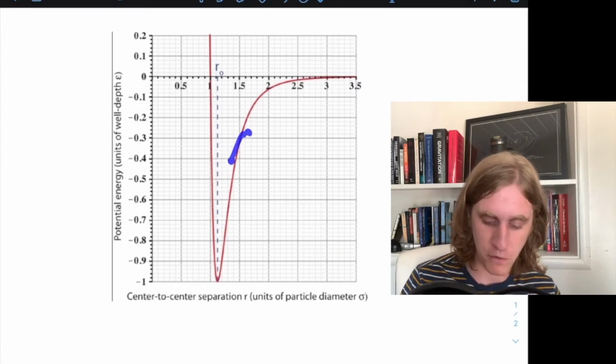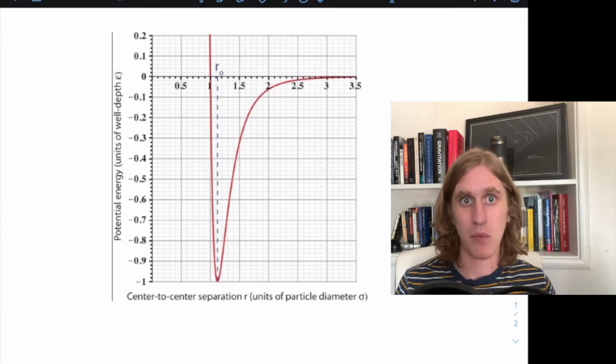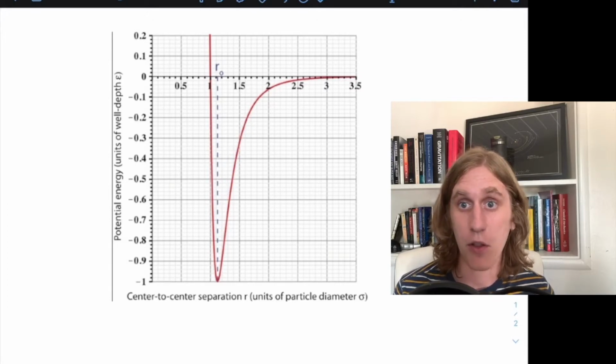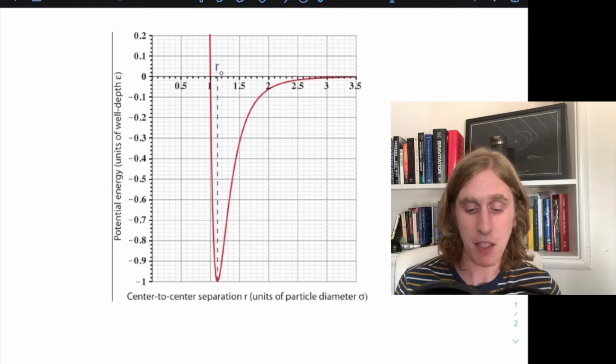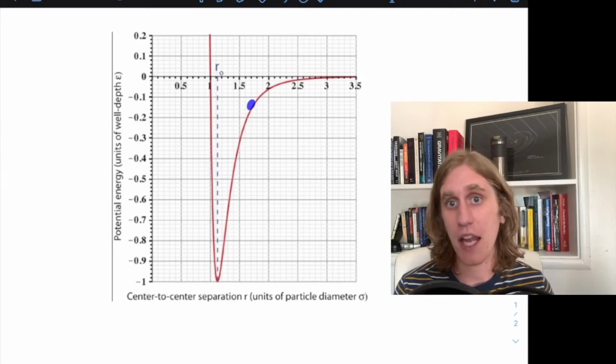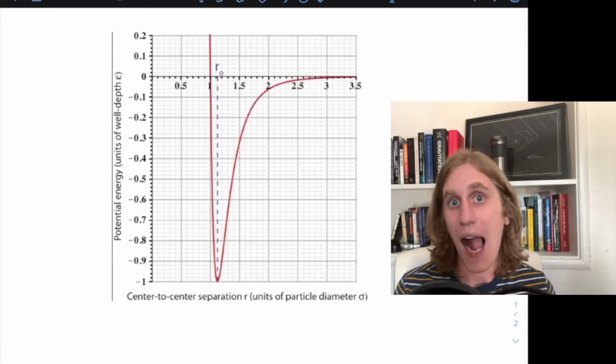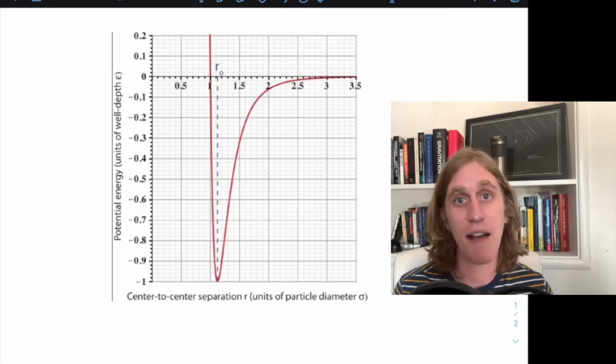They'd start to move down this hill. But what happens if the particles are moving? Well, they no longer have zero thermal energy. This is true almost anywhere that you put the two particles. So how can we then know how much potential energy the particles have if they have zero kinetic energy?